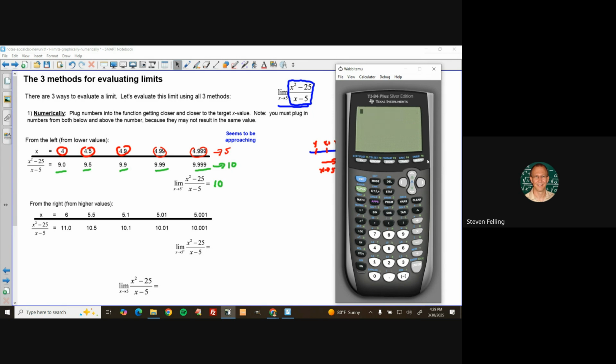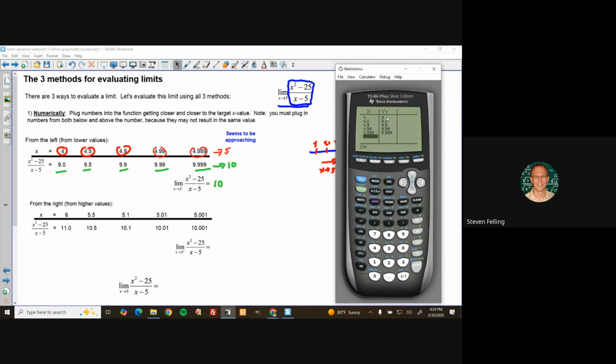Then instead of graphing, you can say second graph to get to the table and then plug numbers in here. So you can plug in 4, 4.5, 4.99, whichever numbers you pick. This will allow you to quickly plug in by just specifying what the numbers are that you'd like to plug in. And then I can see what's going on here.